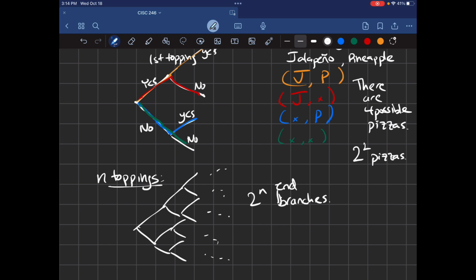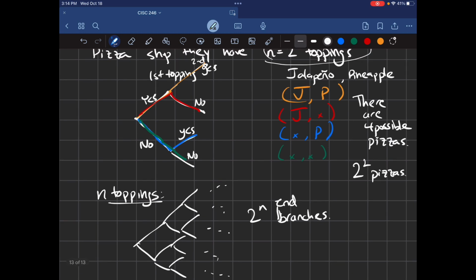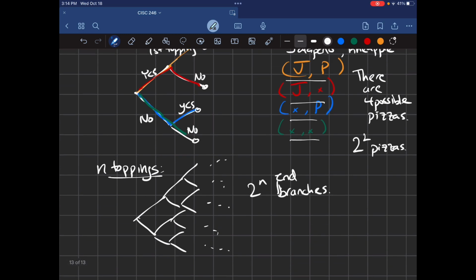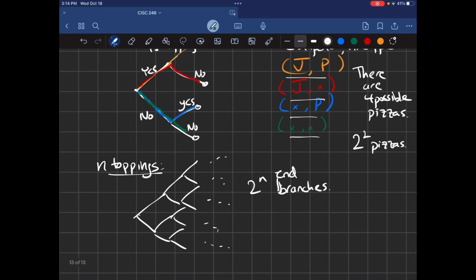Each one of these branches, kind of like here, here, here, and here, represents one of the possible pizzas you could get. And so these 2 to the n branches represent the 2 to the n pizzas you could order.